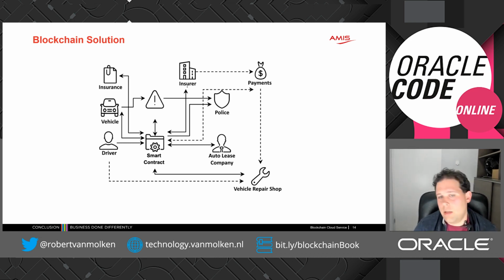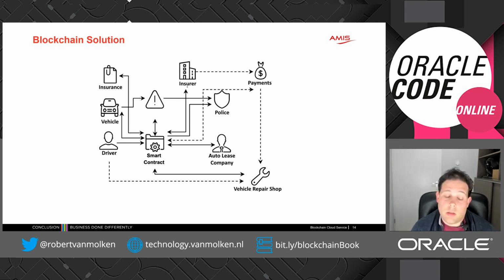So let's say I'm again in an accident, and the vehicle, the luxury car, has an IT sensor in it, and it can send a message directly to the smart contract to register an accident based on the location. The smart contract can act on that and store it directly into the blockchain.